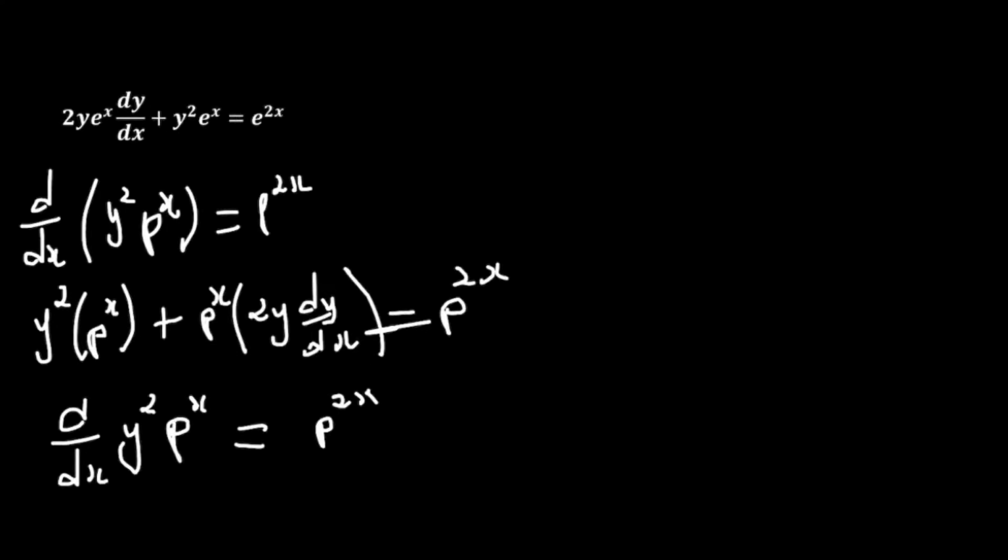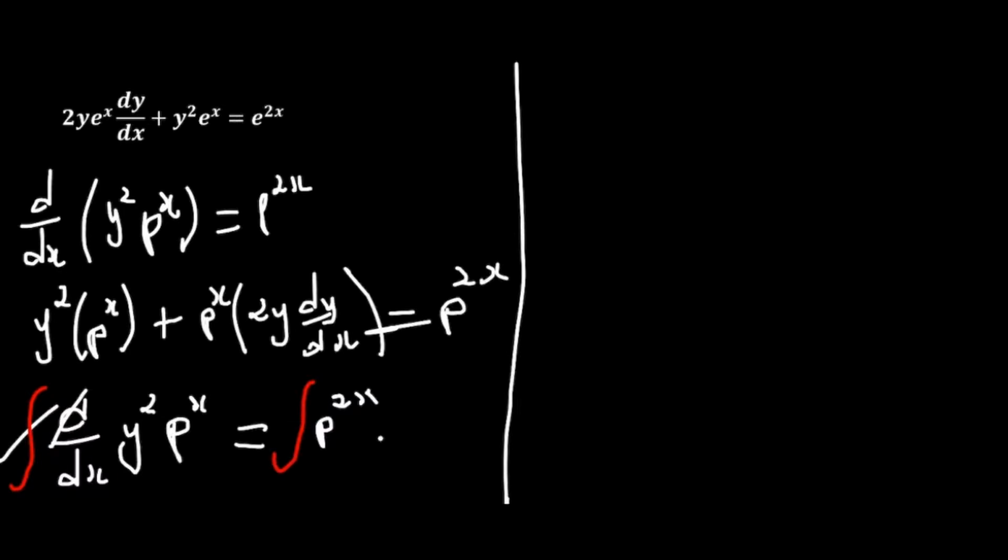So from here we take our integral on both sides. We see that this is going to cancel with this. If we multiply through by dy, simply we're going to have y squared e to the power x equal to the integral of e to the power 2x dx.